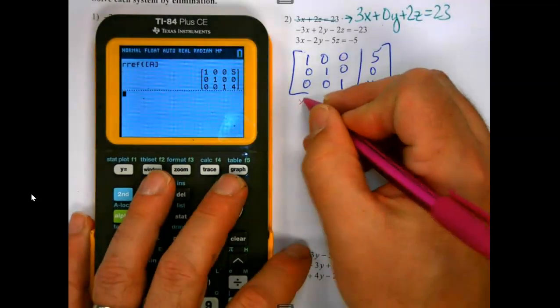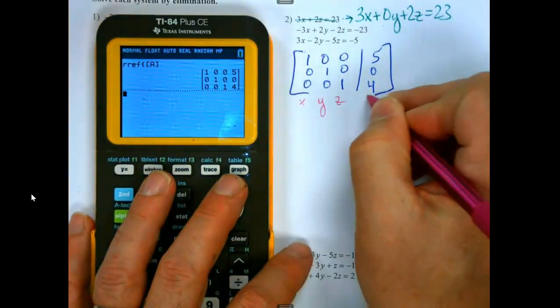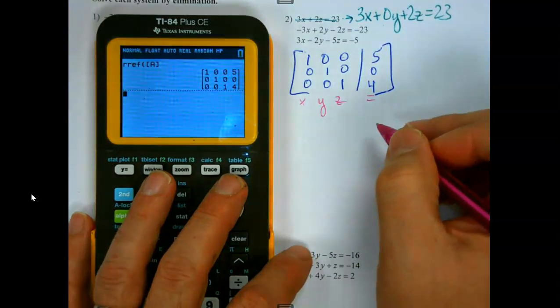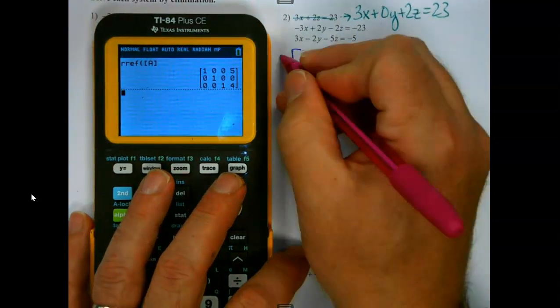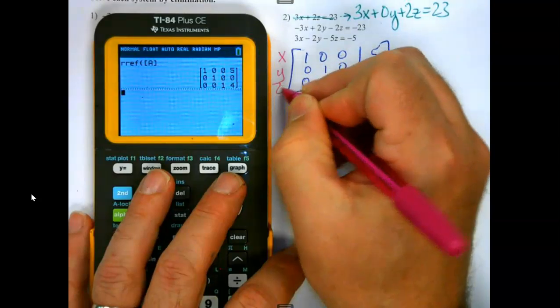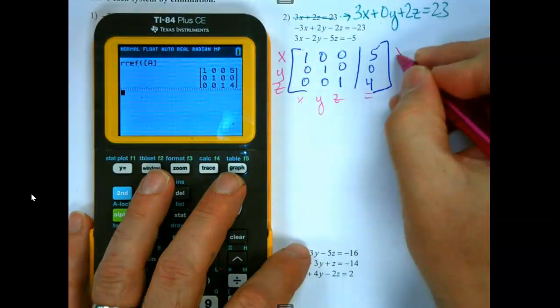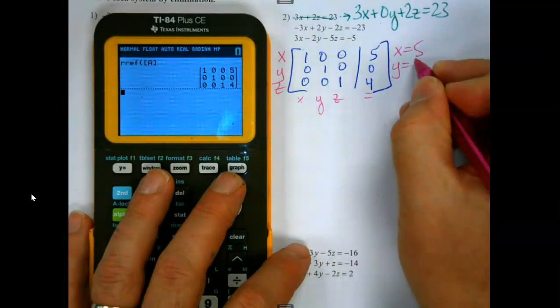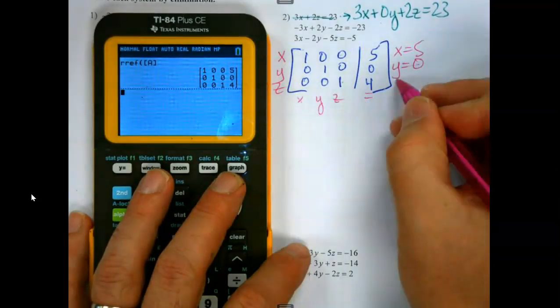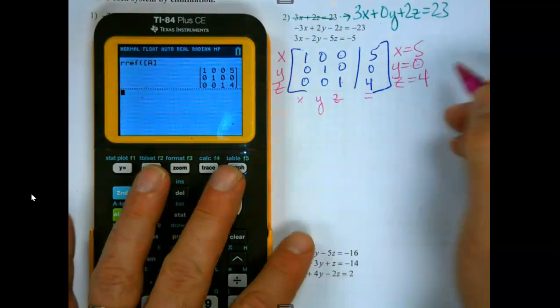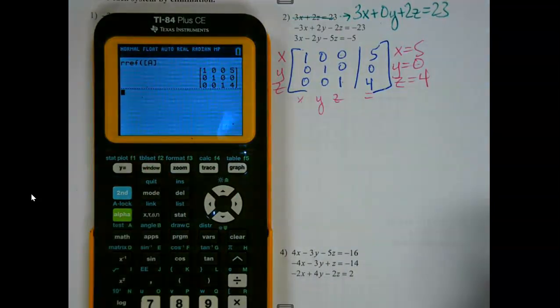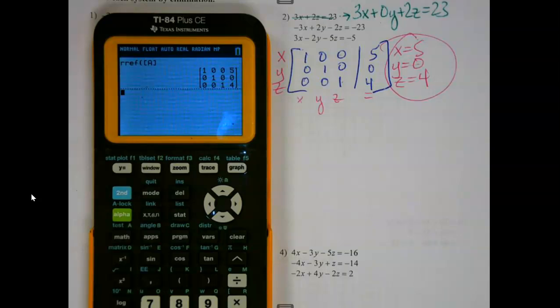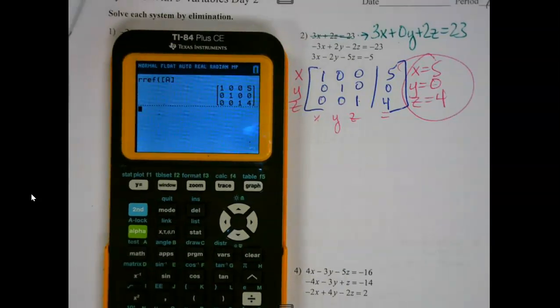Basically, even though it is x, y, z, and equals, for your purposes, let's be honest, it's x equals 5. It's y equals 0. It's z equals 4. I'm done. Okay, the calculator does all the work. I just punch in the values.